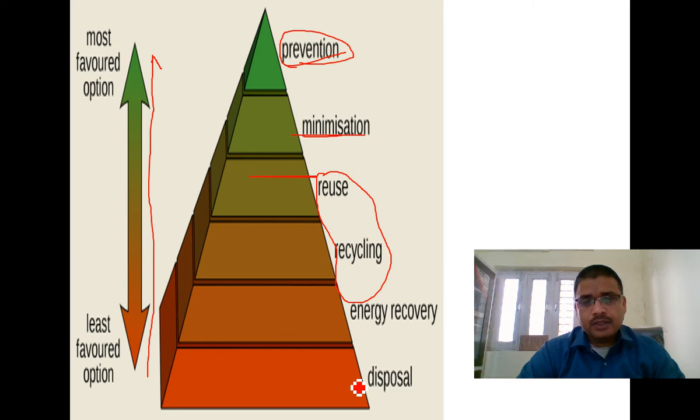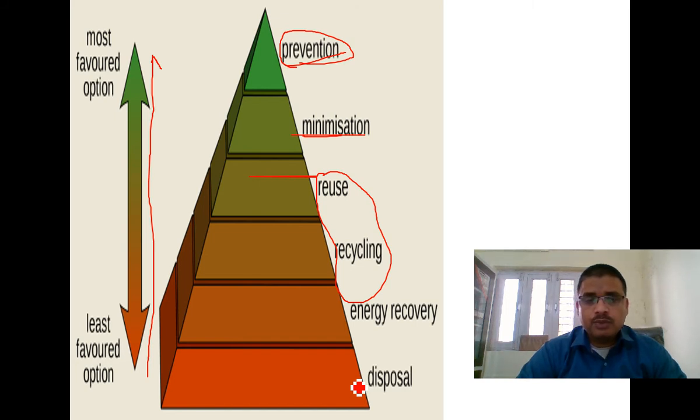There is not much science involved, just general science which you have to understand. And there are some activities which we generally do in our daily life that also give good knowledge about water pollution and air pollution.